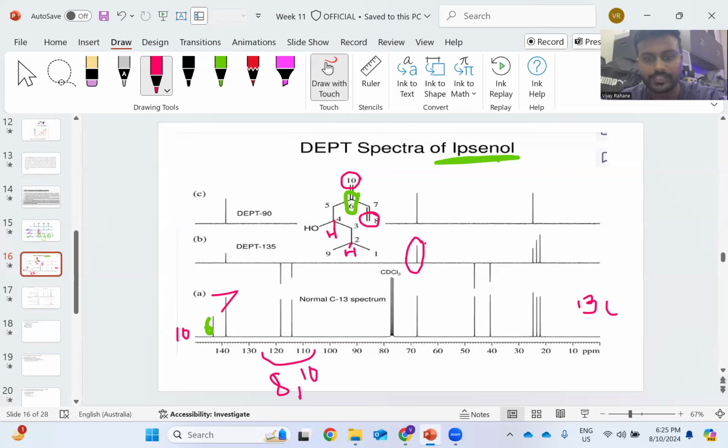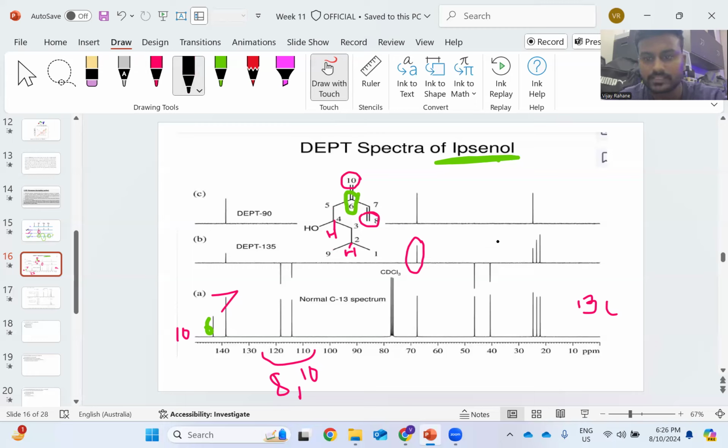So this signal belongs to which CH among these? Let's assign the remaining signals, then we come back to this signal.